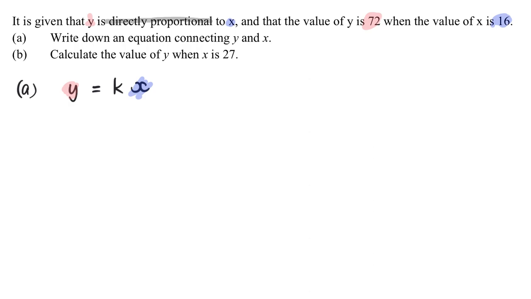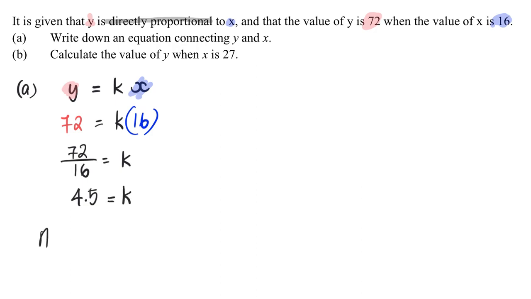And because we got the number 72, we also got the number for x, 16. So therefore, we are able to then find the value for k, which is 72 divided by 16, 4.5.